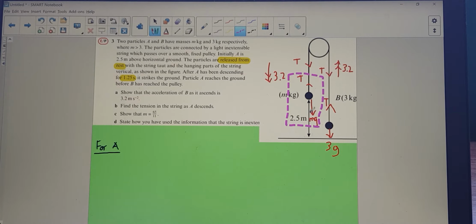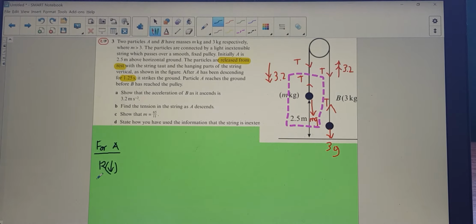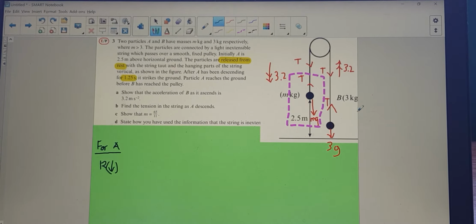So it's got a mass, its weight acting down, and then the tension acting against it, and that's going to be equal to the mass times the acceleration. So let's just resolve the forces first. I'm going to call down positive for this one, because that's the way in which it's accelerating.